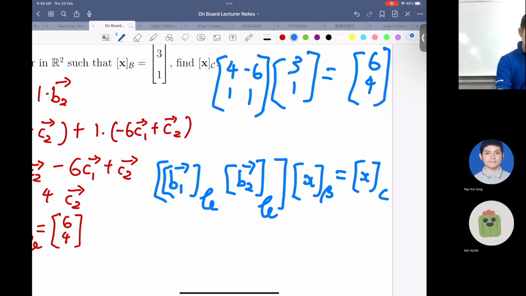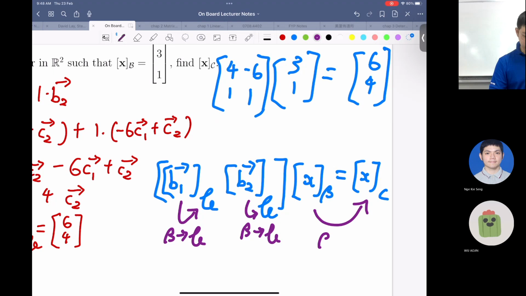Okay. So you can think of it like this one is a B to C, and then this one is a B to C. So what you get is B to C. Okay. Makes sense?